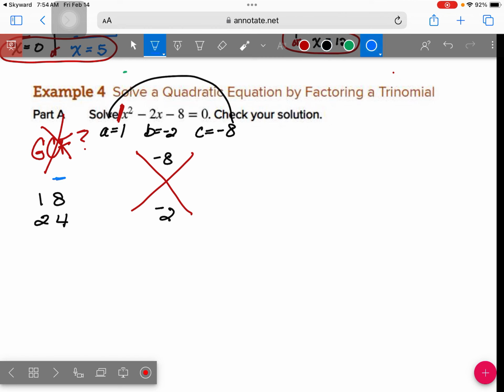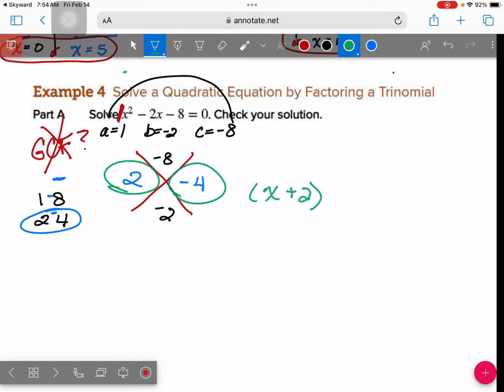So these are going to be negative because they're larger. Okay, well, there I see it. It's 2 and -4. All right, so there are your two helpful parts of the factors. We are going to have x plus 2 times x minus 4 equals 0.